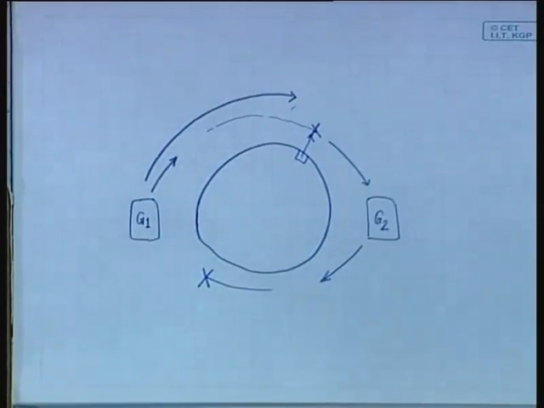We are trying to communicate one bit of information from node A to node B, and we are assuming that the communication medium is not reliable. Then for every message that we send, we want an acknowledgement, and an acknowledgement for an acknowledgement, and an acknowledgement for that acknowledgement, and this goes on.